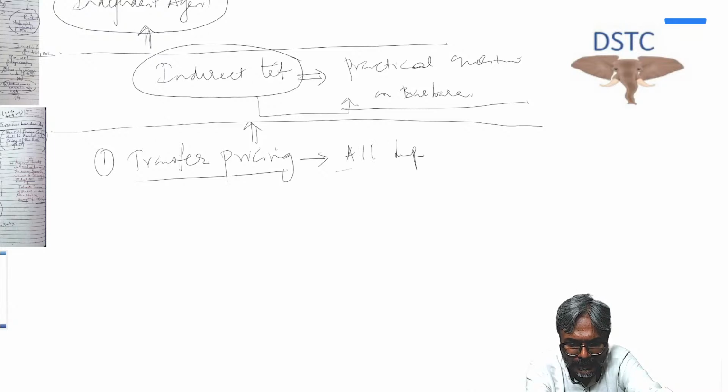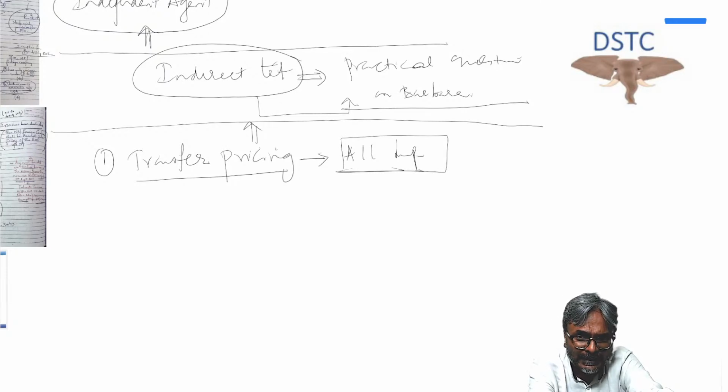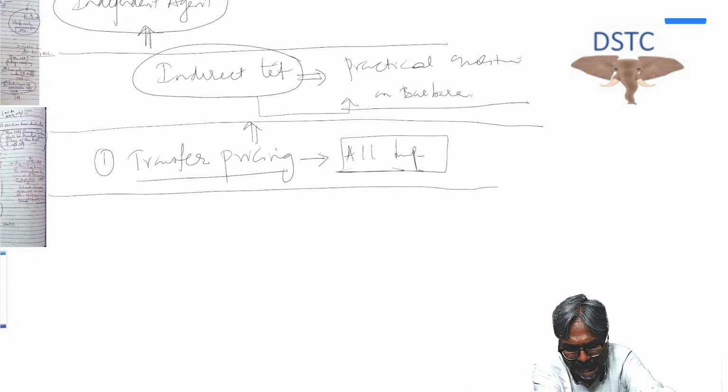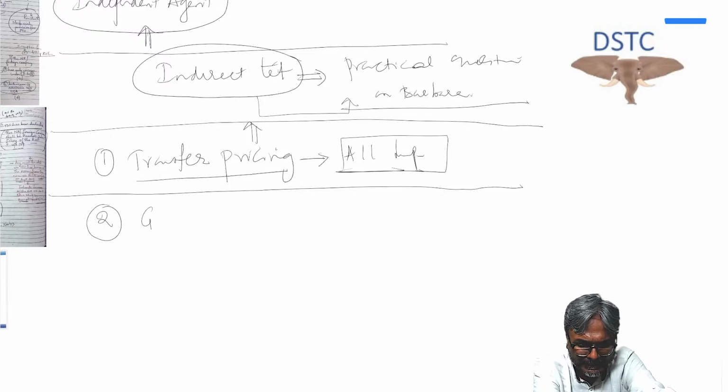All are important in the TP area. And I don't think there is any difficulty in understanding any TP provisions in this case. But if there is any area students you want me to touch upon on the transfer pricing area, please do let me know.